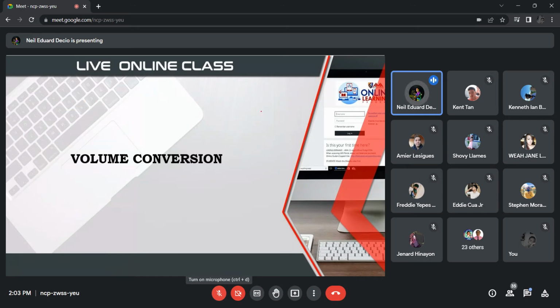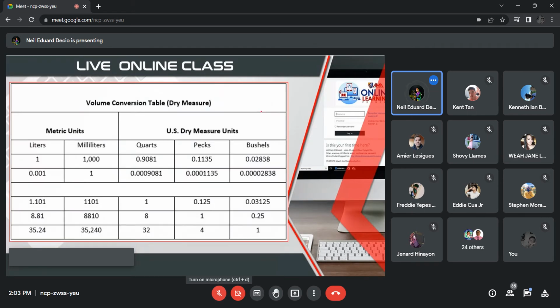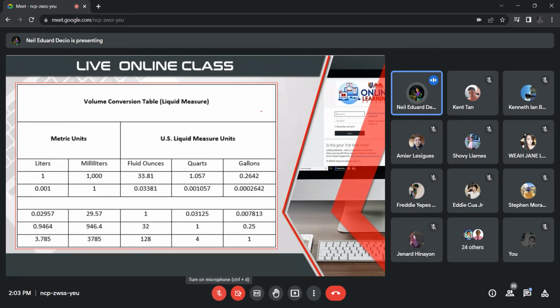Okay, and then we also have the volume conversion. So we actually have two types of liquid measure in US, no? Okay. So we have yung liquid measure and dry measure. So for liquid measure, for US measurement, US measure unit, we have fluid ounces, quarts, and gallons.